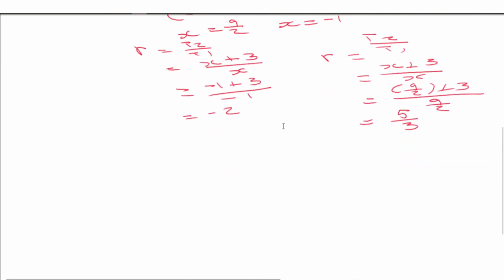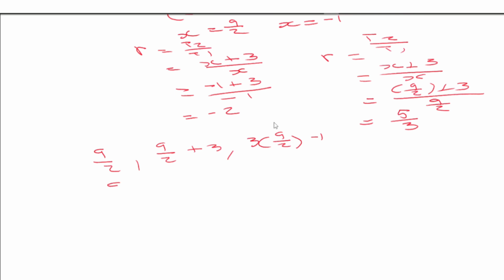So we're going to use the next x value, which is 9/2. So the three terms are 9/2, comma, 9/2 plus 3, and comma, 3 times 9/2 minus 1.